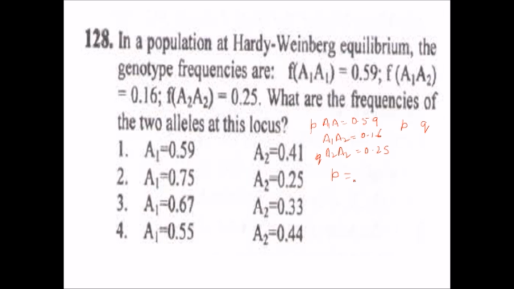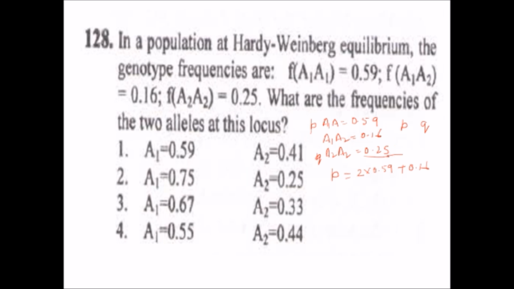So the formula will be the total number of frequencies of A1. Here A1 is in the homozygous state, so I will multiply it with 2 into 0.59, plus here A1 is only one time, so plus 0.16.